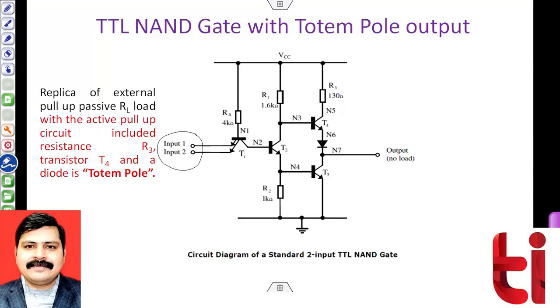You can see that I have written the term: replacing the external pull-up passive load resistance with an active pull-up circuit, which includes 3 components, one resistor, one transistor and a diode, is termed the totem pole.